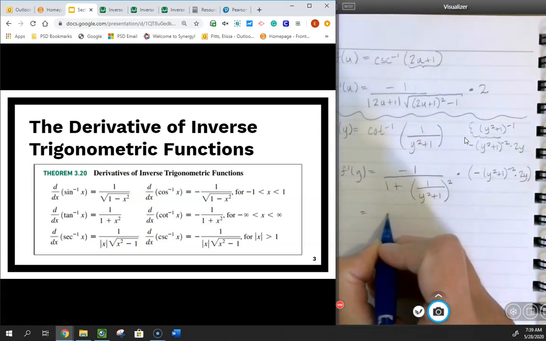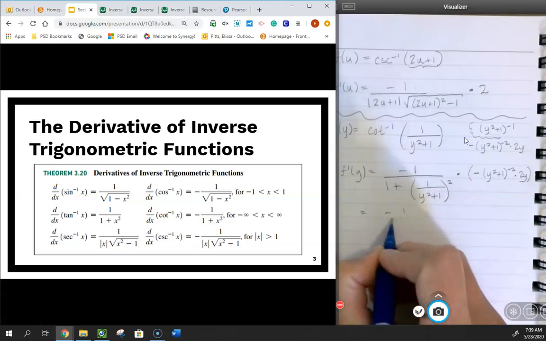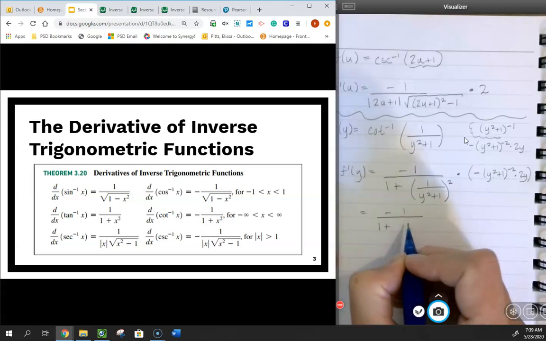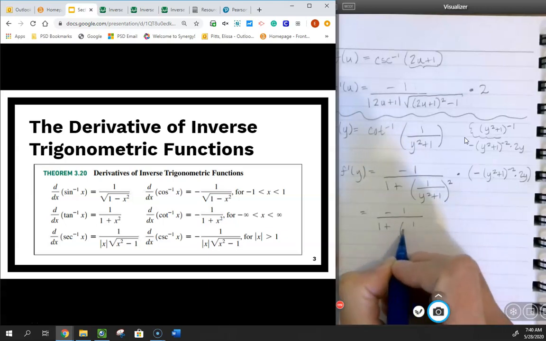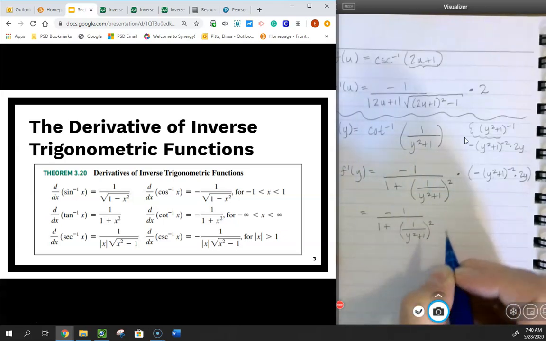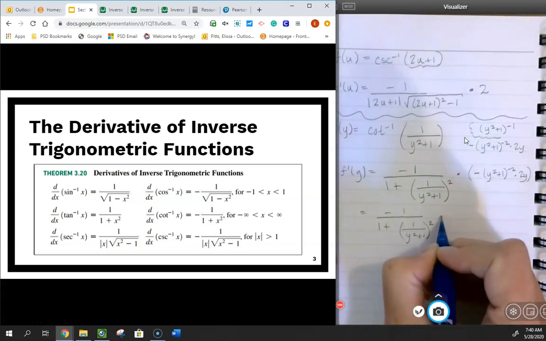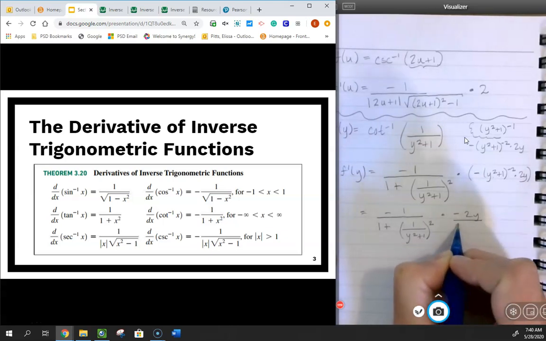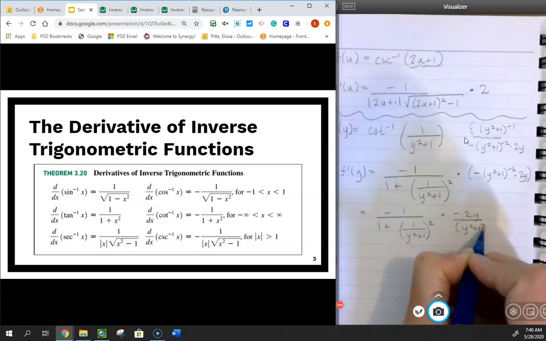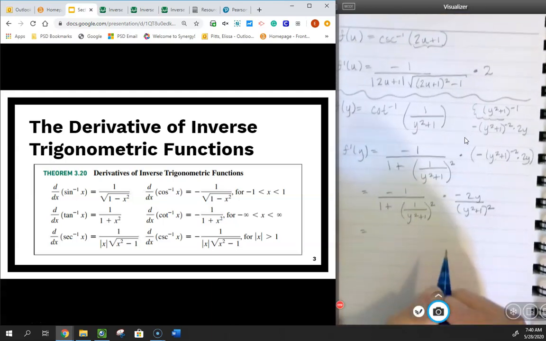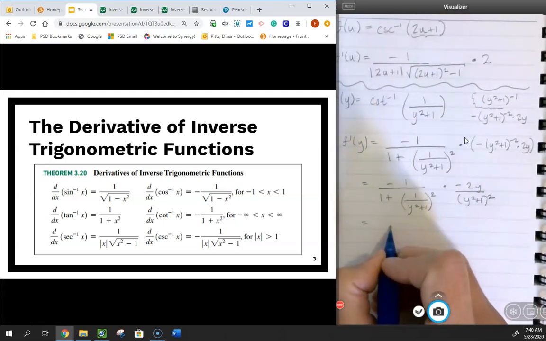Now, I'm going to simplify this one. It's a little bit more difficult. So this is still 1 over y squared plus 1 squared. And this is now multiplied by -2y over y squared plus 1 squared. Keep going. -1 times -2y is a positive 2y.